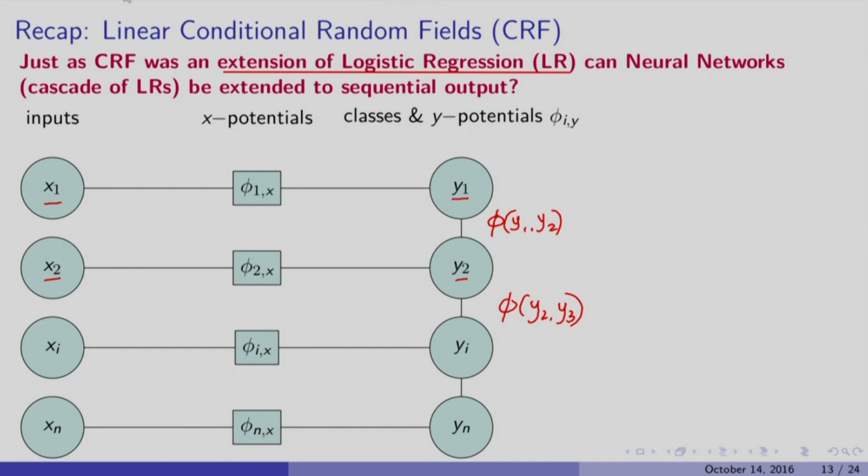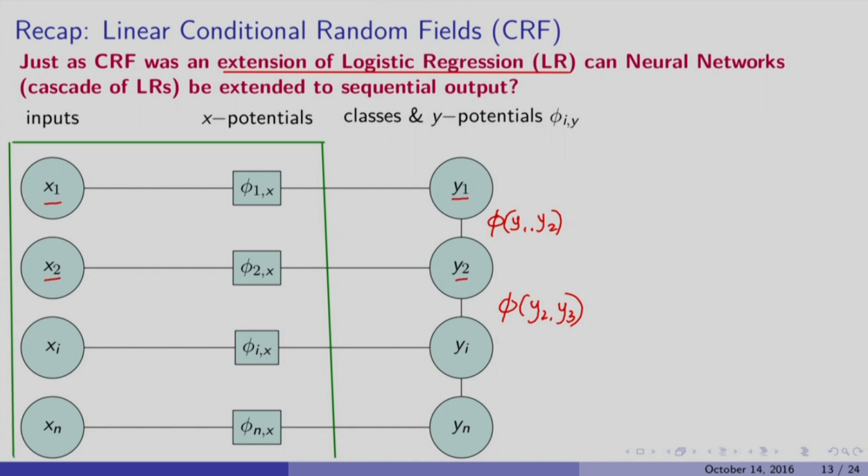Now what we have done so far is not only looked at the generalization in the output space, we have also created a cascade of logistic regression models on the input front to create a neural network, a highly nonlinear classification model.